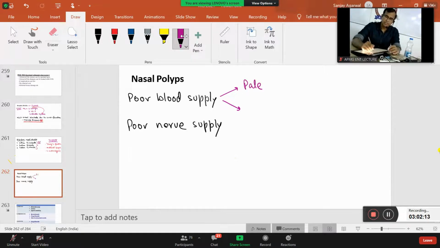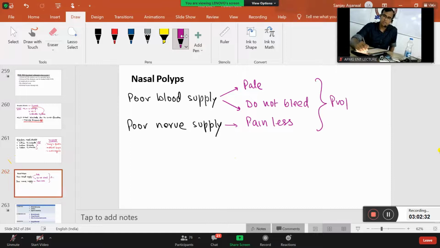Pale, obviously, and they do not bleed. And because the nerve supply is poor, they are painless. So these three are the main properties of nasal polyp.